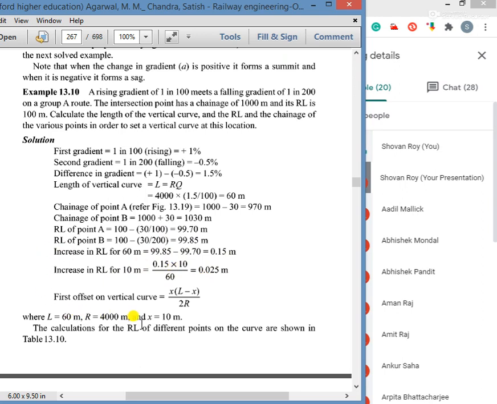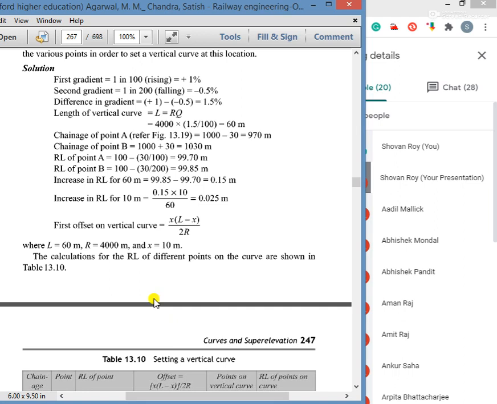Now the first offset on the vertical curve. Offset is required to be calculated. The formula is x into (L minus x) by 2r, where L equals 60 meter, r equals the radius of the vertical curve, 4000 meter from the standard value, and x we are calculating for 10 meter.